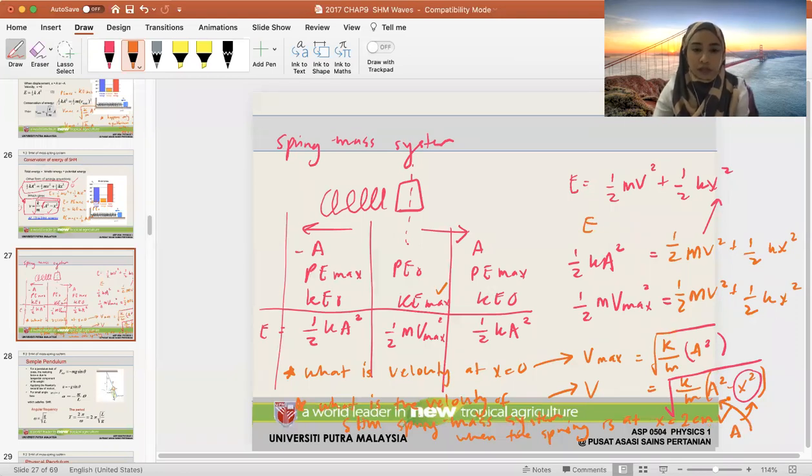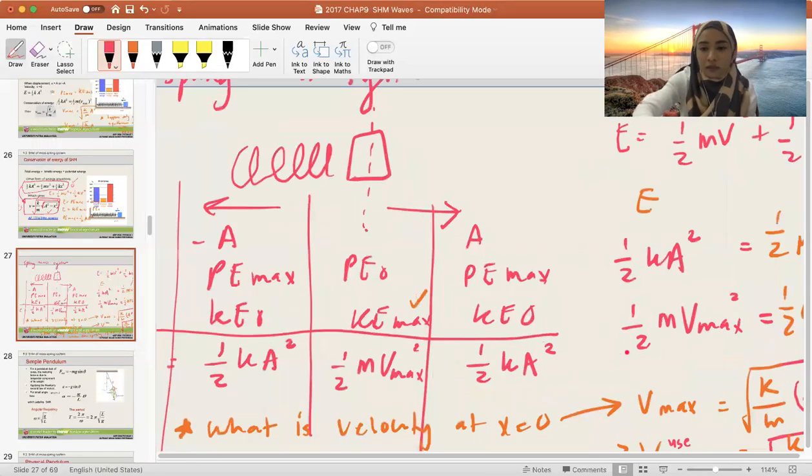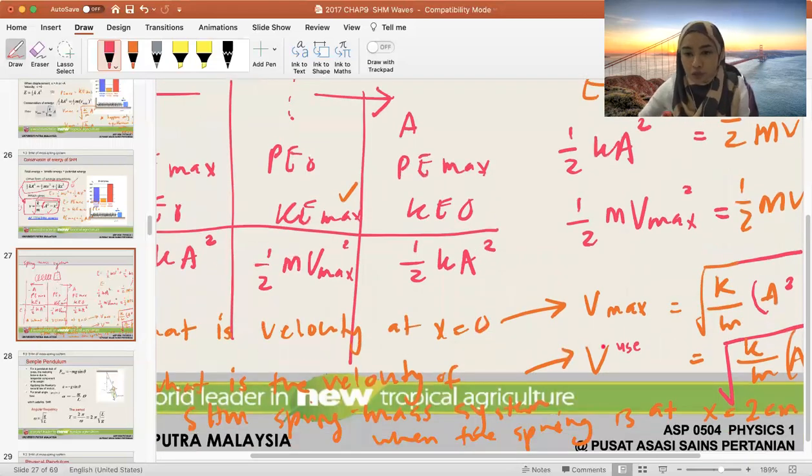That is how you find the V. So x is at random point. It can be 2, it can be 1, it can be 0.5, doesn't matter. As long as it is not at the maximum displacement or at the equilibrium, then you use this equation. Alright, faham. Thank you, doctor. Let me besarkan ni. Use when not at x equals to 0 or x is maximum or A. This is when you use this equation V.